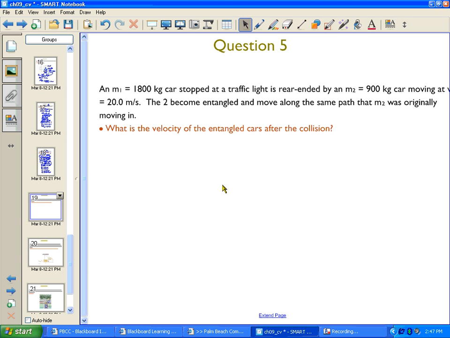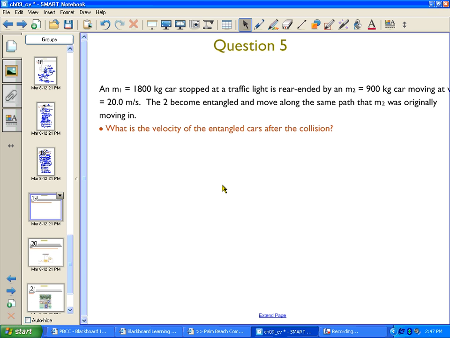We begin where we left off, and that is at question 5, which states, an 1,800 kilogram car, let's call it object 1, of mass m1, is stopped at a traffic light, but ends up being rear-ended by a second car, let's call it car number 2, of 900 kilograms, moving at a velocity of 20 meters per second, and let's say in the positive i-hat direction, since we want to work with the vector nature of velocity.